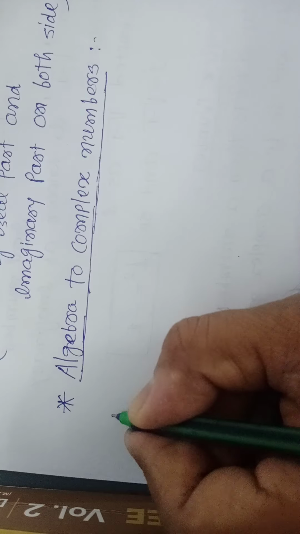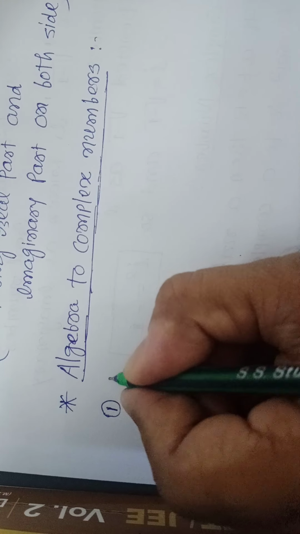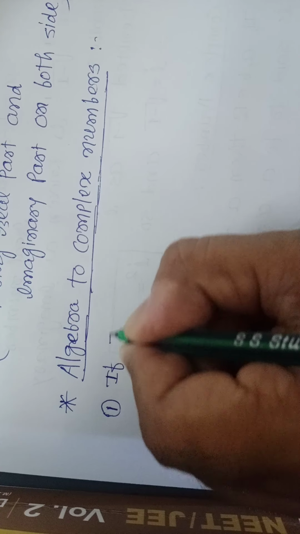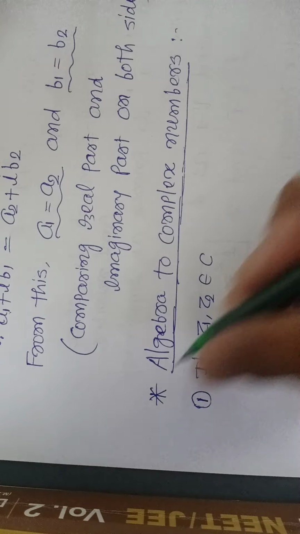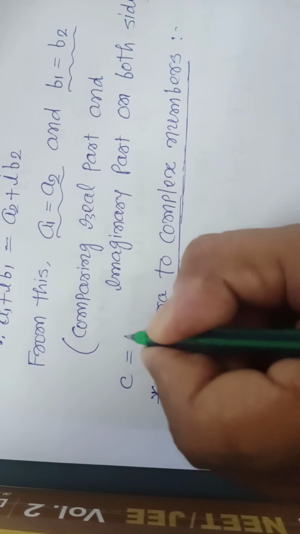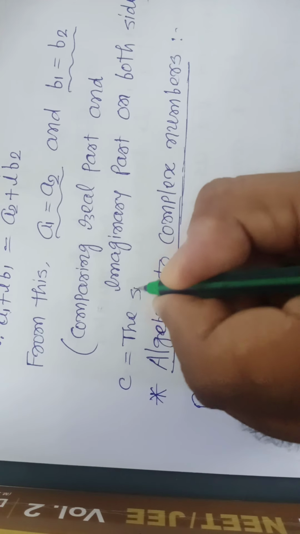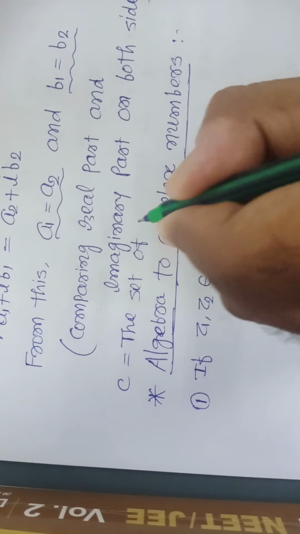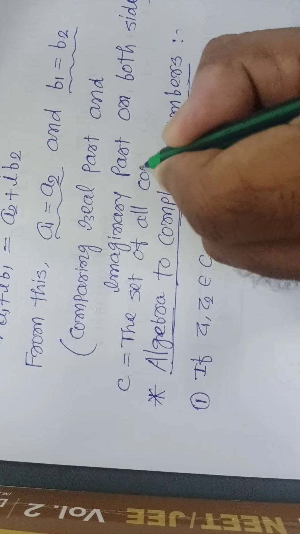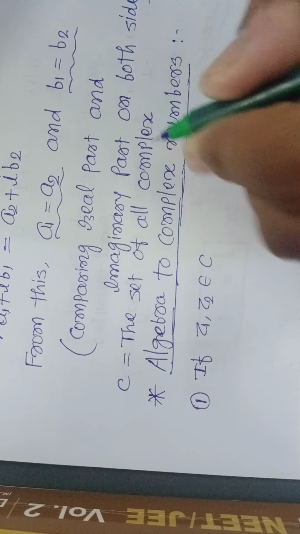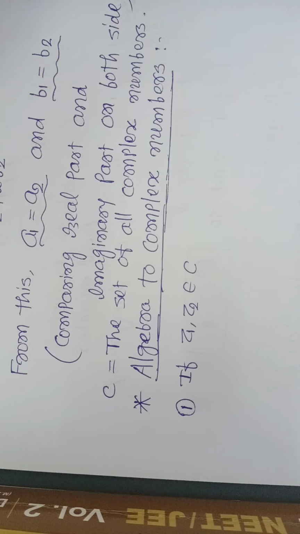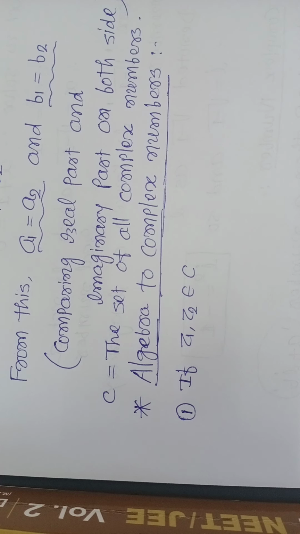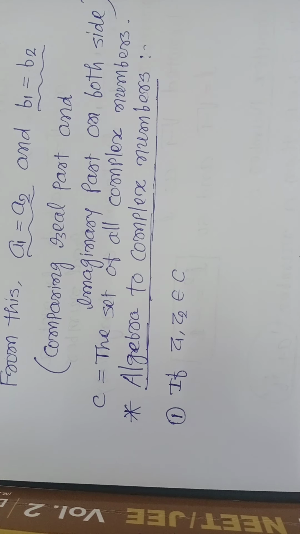First basic algebra is this: if z1 and z2 belong to C. C is actually the set of all complex numbers. Just as you call the set of real numbers capital R, similarly set C is the set of all complex numbers.